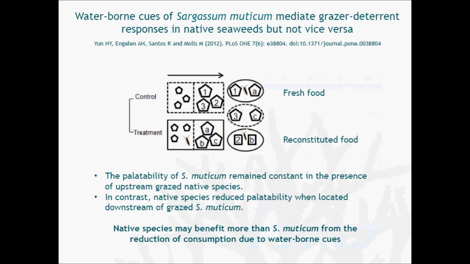And so what we do, we use these plants that are being warned by the chemical cues and feed them to the herbivores. And this is control. And this is fresh food, and this is reconstituted food, meaning that the plant is meshed with agar, so that we lose the morphology questions, because the herbivores can adapt to the morphology of the plant.